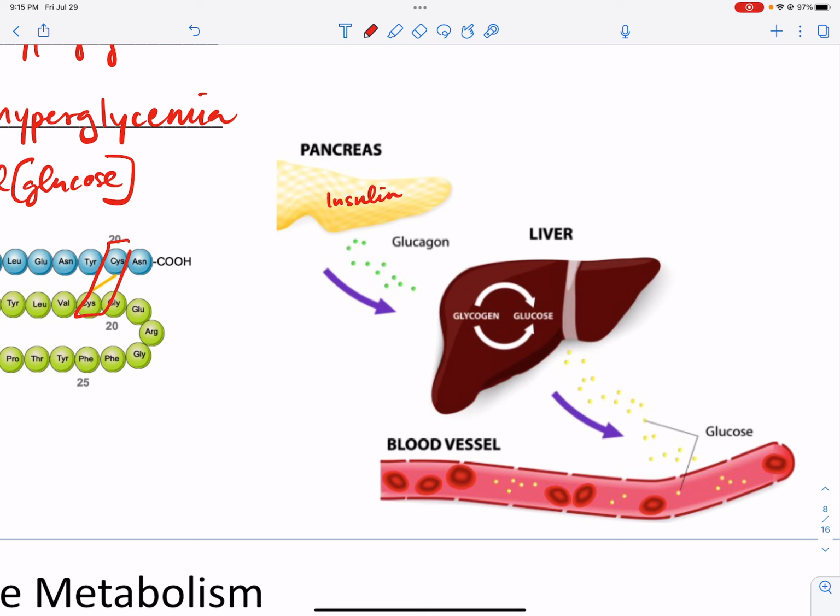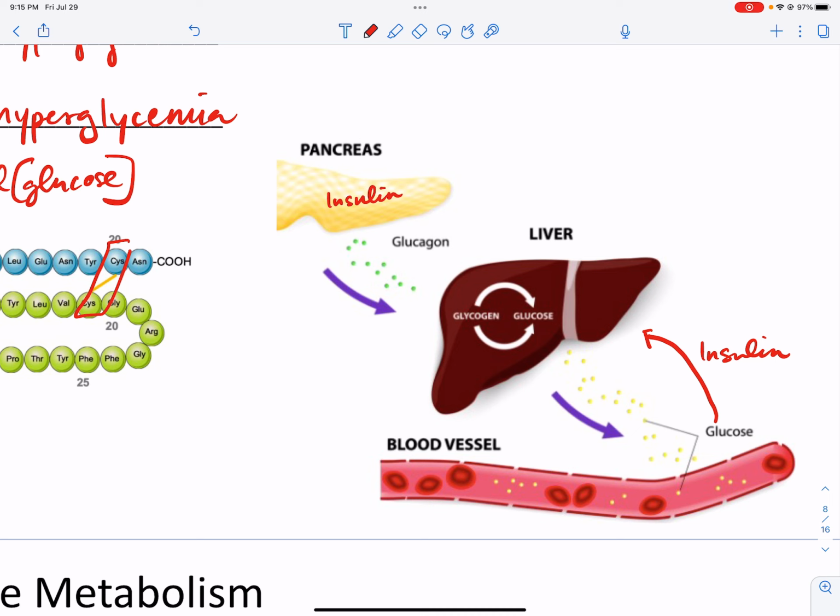And when we need it, it is cleaved into its active form and it is dumped out. And what it causes us to do, I'm going to use these red arrows to say, is pull glucose out of the blood.